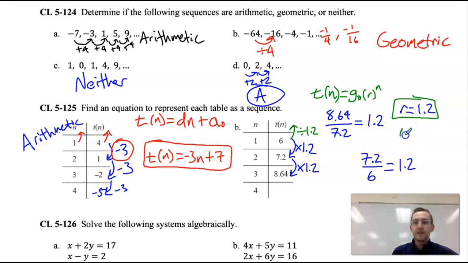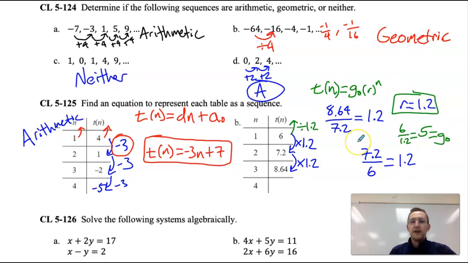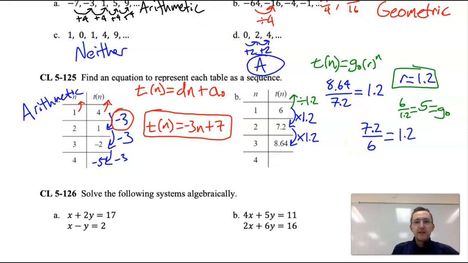When we do 6 divided by 1.2, we get 5. So that is our starting value, G sub 0. If we plug both of those values in, we get our final answer: T of n is equal to 5 times 1.2 raised to the n.